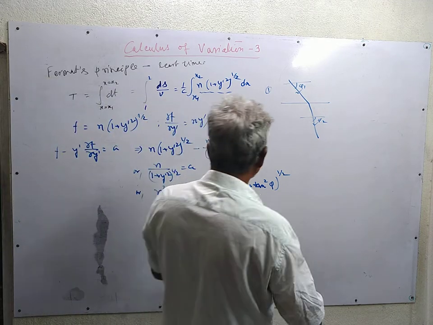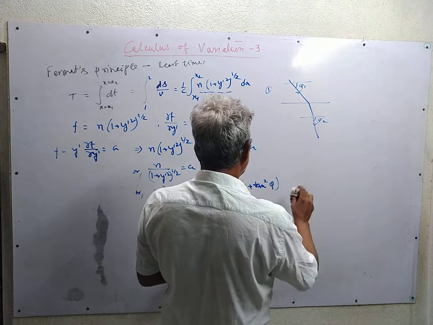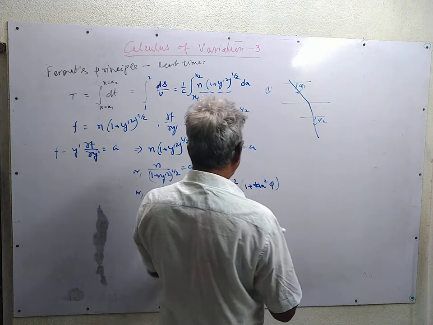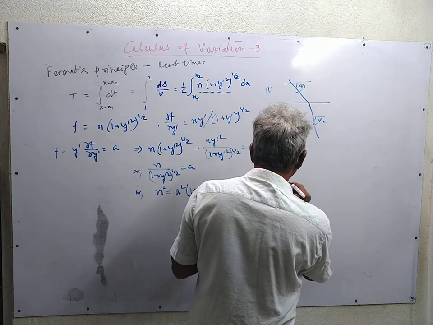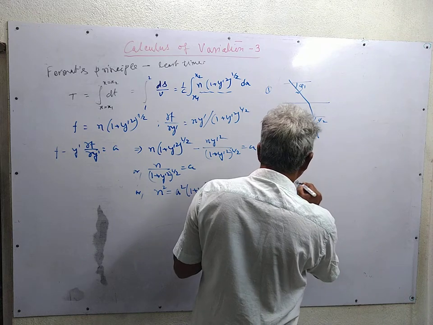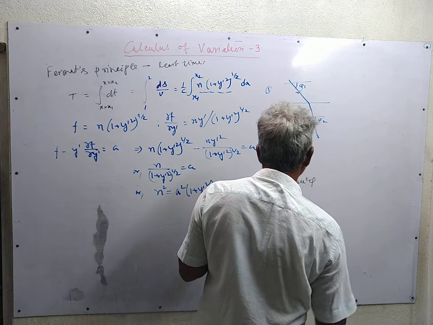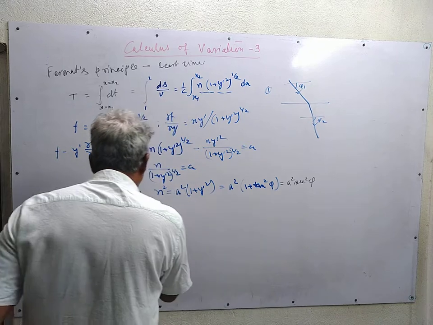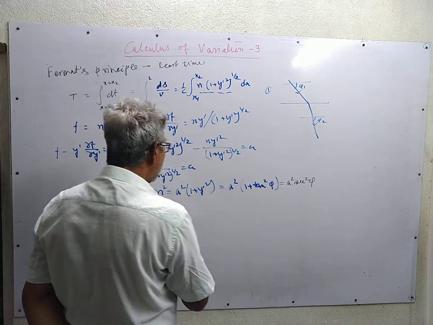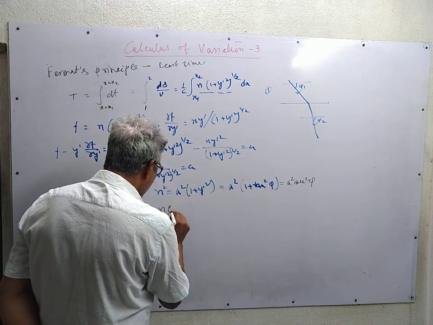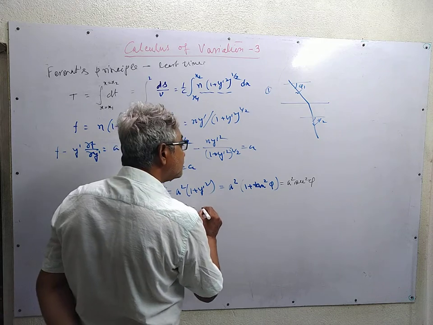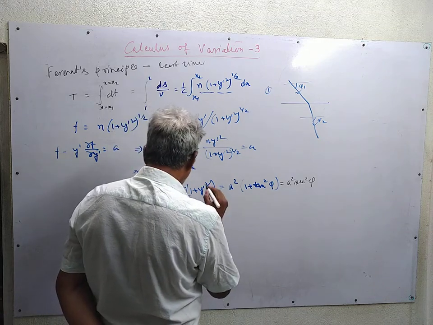Sorry, there is no square, so we get n is equal to a sec phi, or n cos phi is equal to a.